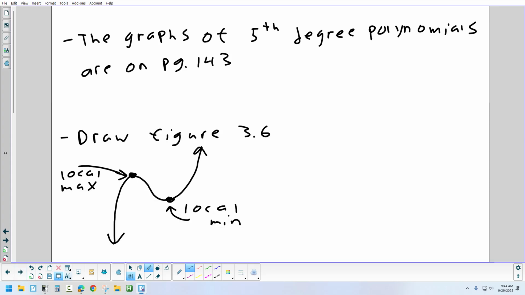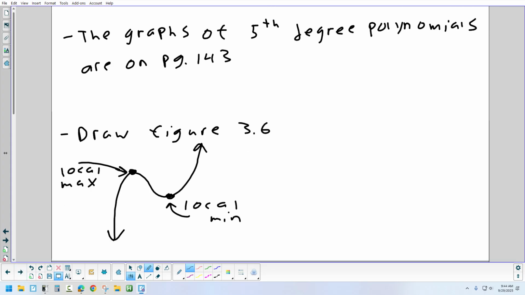Okay, so 5th degree polynomials, I kind of showed you one. One end goes down, one end goes up, and it can have up to 4 turns in the middle. When a graph takes a turn, you get what's called a local minimum and a local maximum.